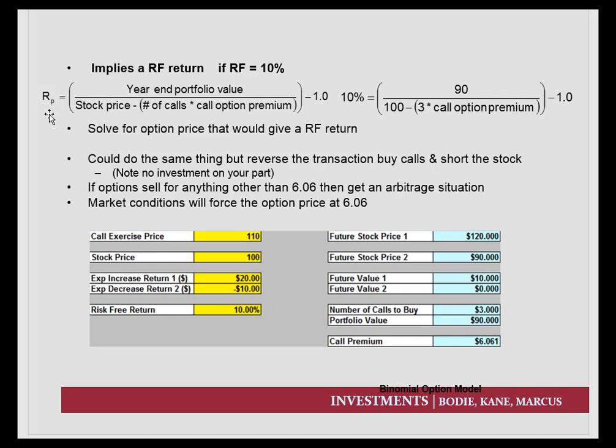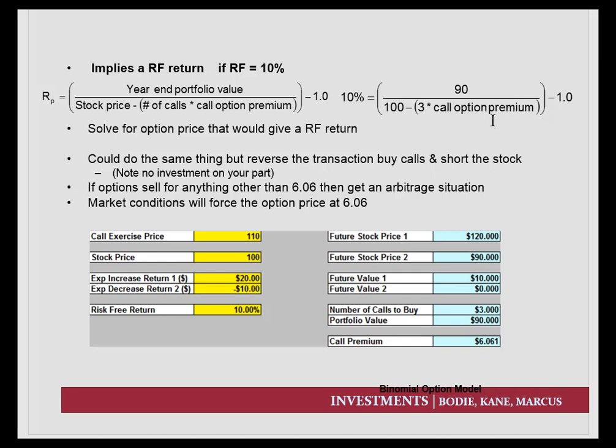The portfolio is the year-end portfolio value, which we know has got to be $90. You divide that by the stock price minus how many calls there were, which in our formula is 3 calls, times the premium. And since no matter what happens this portfolio is going to be worth $90, it has to be worth the risk-free rate of return. So now we need to solve this formula for the call option premiums.